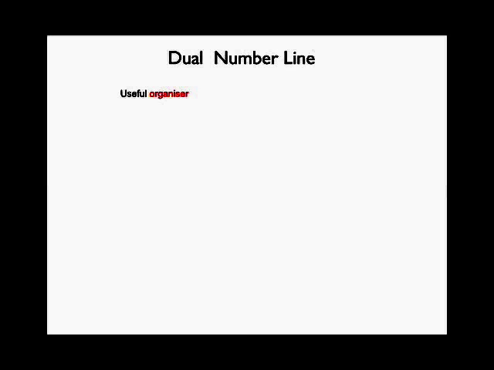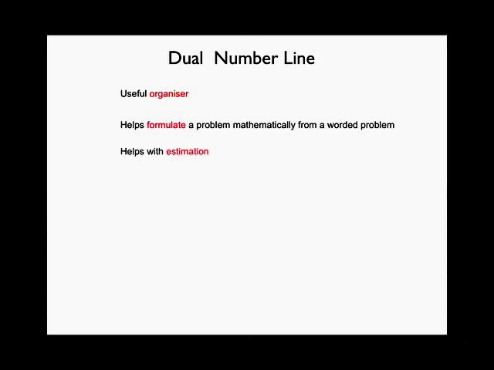The dual number line is a very useful organizer. It helps formulate a problem mathematically from a worded problem. It helps with estimation. It uses multiplication and division only on the diagram.